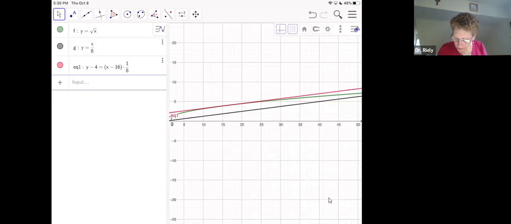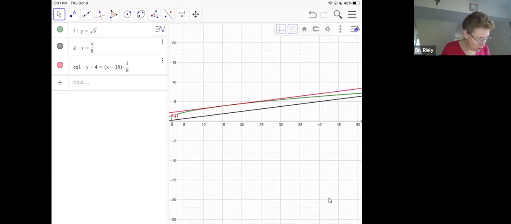Okay, so what I'm seeing is the black line is y equals x over 8. Do you see how this black line is parallel to the red line, which is the tangent line? That's key. We wanted to see that. And do you see how it's tangent?